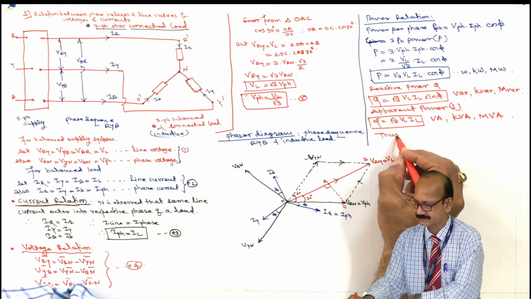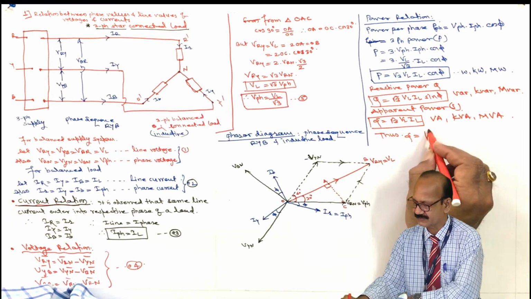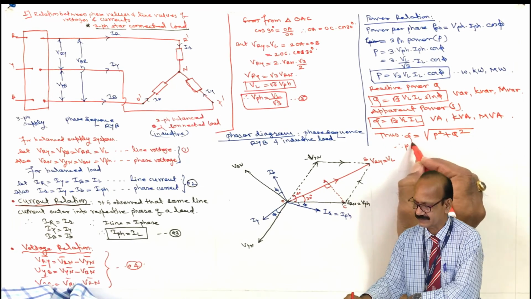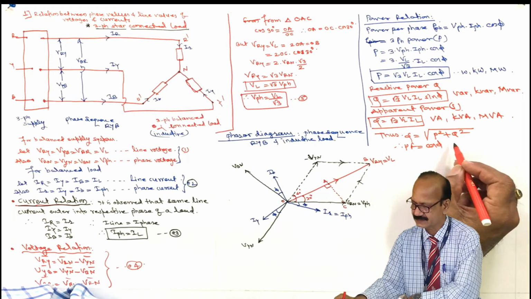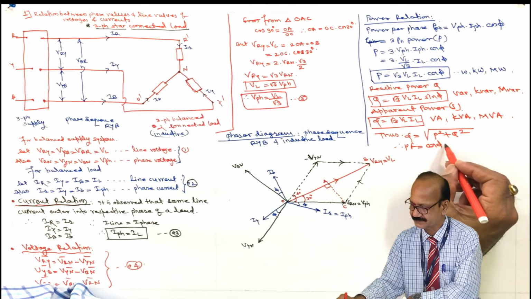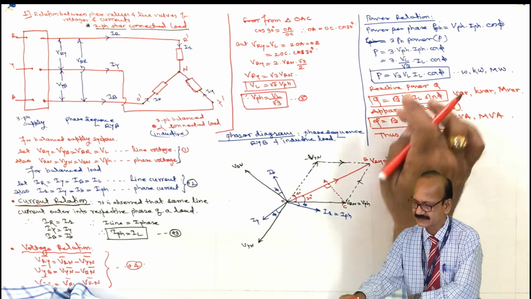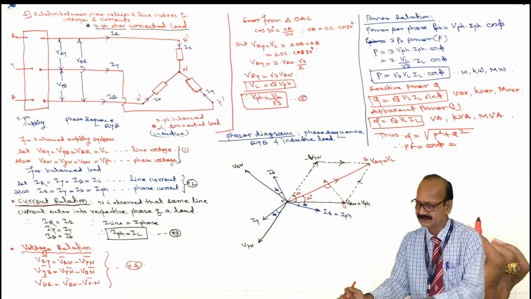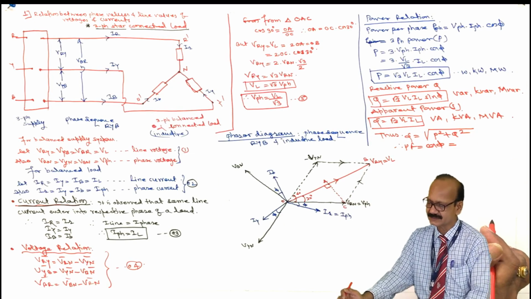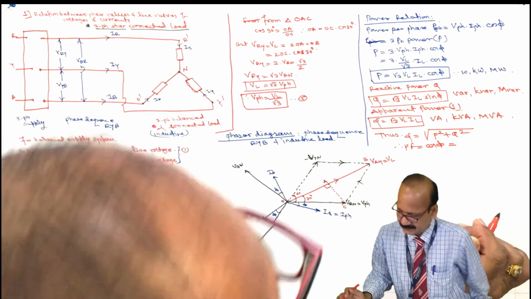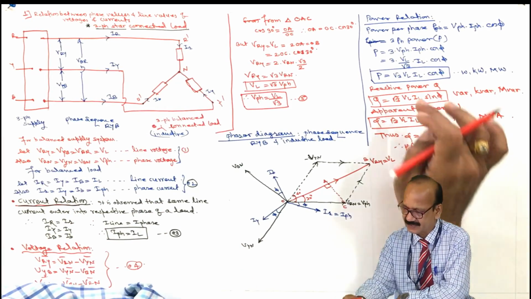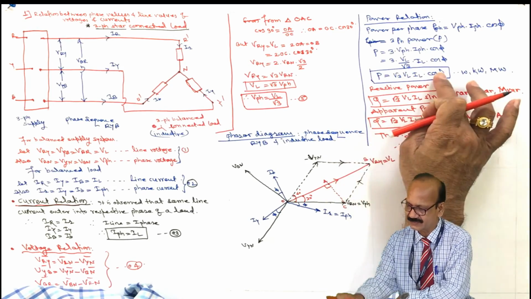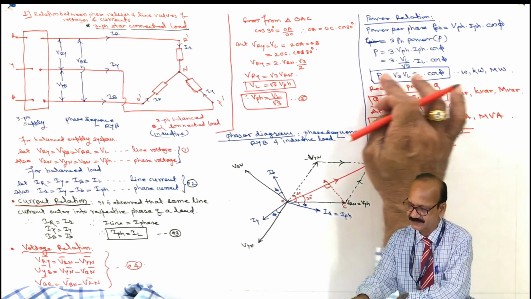Thus, S equal to square root of P square plus Q square, and power factor equal to cos phi. See here from this relation, cos phi equal to P upon root 3 VL IL, or it is P upon S. See, this root 3 VL IL is nothing but S. So P equals S into cos phi. So therefore cos phi is P upon S.